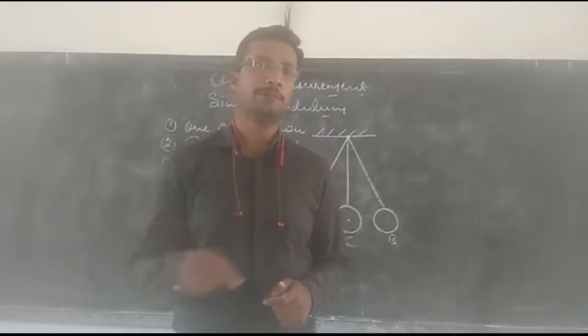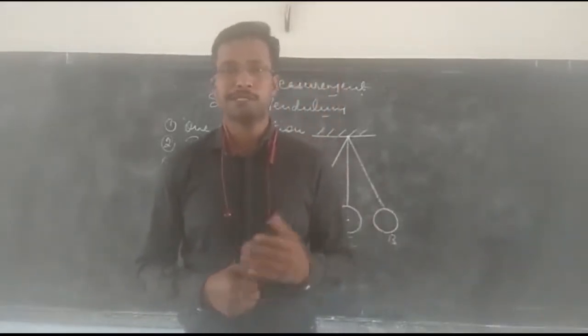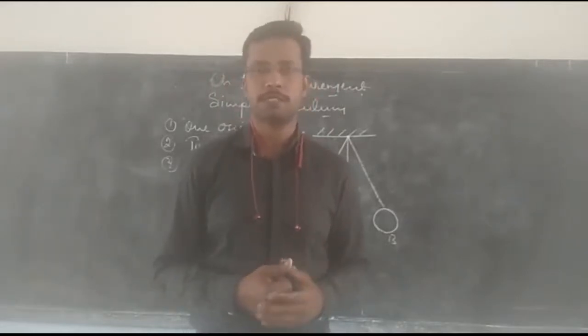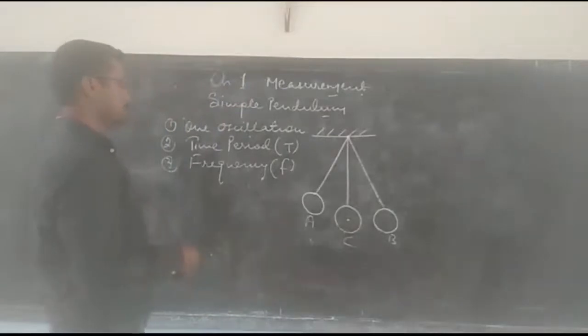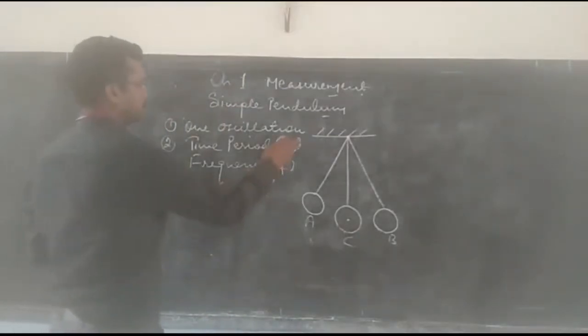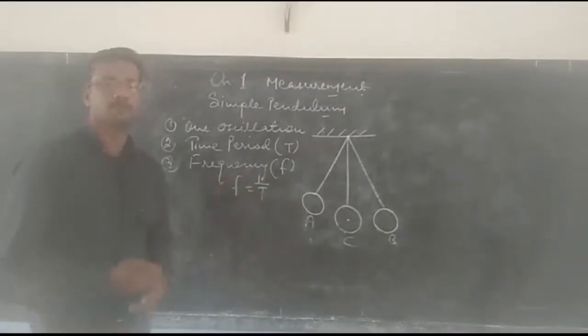So whenever a pendulum makes a certain number of oscillations in 1 second, it is called frequency. And the frequency and time period are related to each other: the frequency is reciprocal to time period.